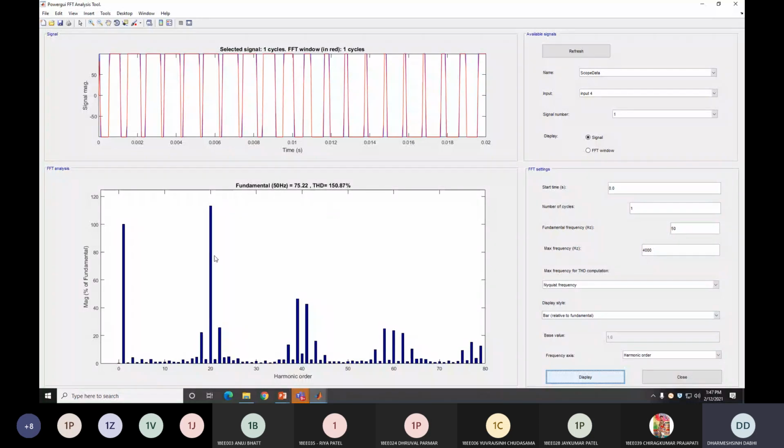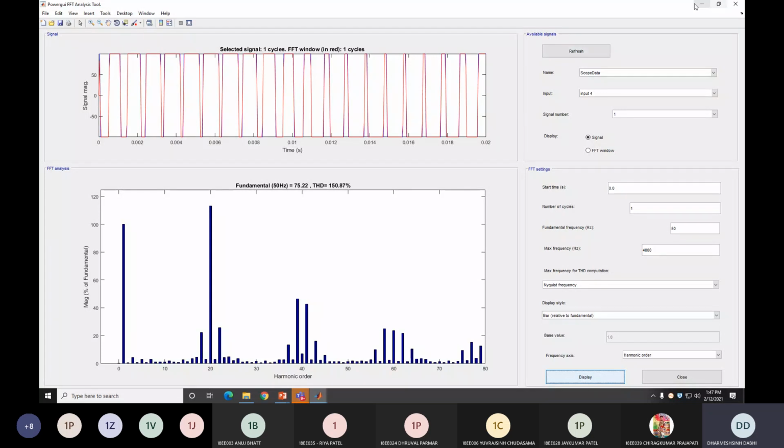This 150% means that the dominant harmonics, which are the 18th, 20th and 22nd, have a magnitude very high compared to the fundamental. That's why you get THD more than 100% in this case.